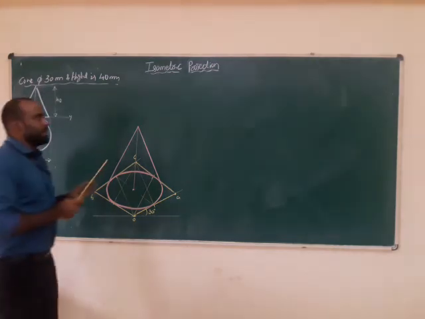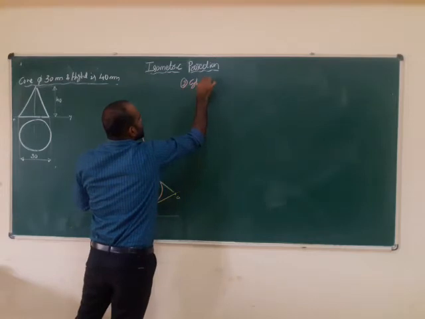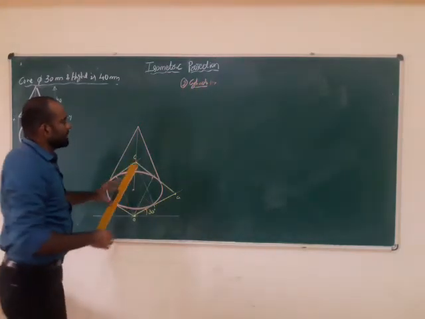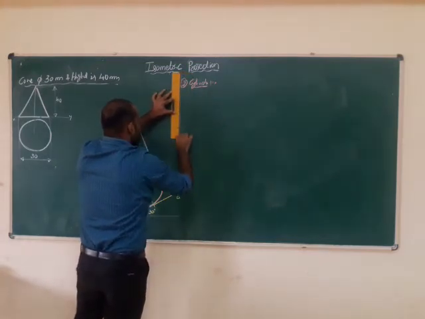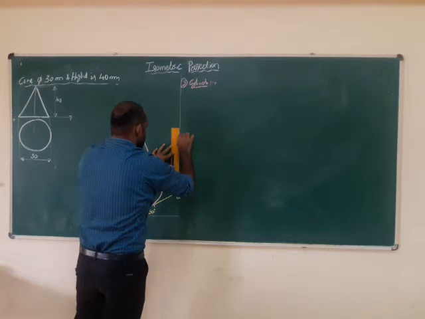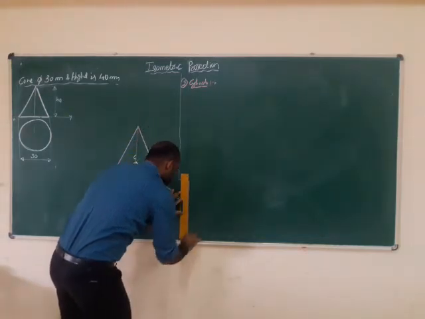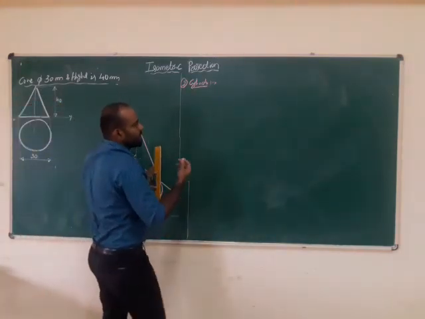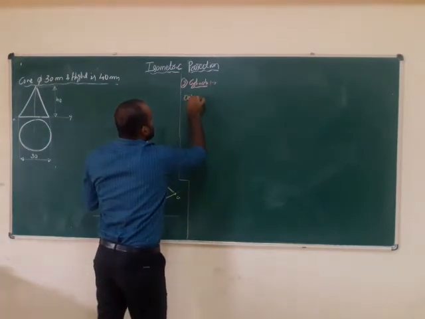For example, I will consider the second one, cylinder. We are considering a 30 mm cylinder in orthogonal.